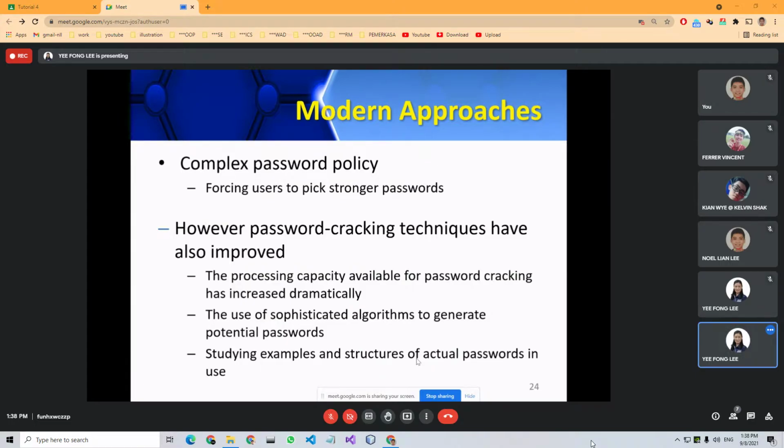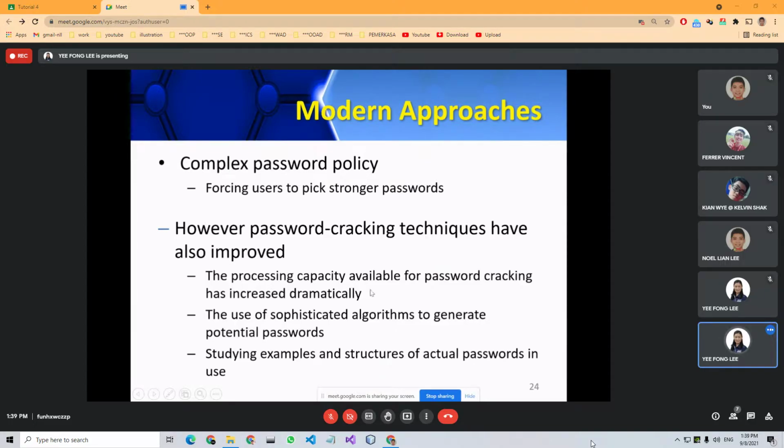But we understand that computer technology nowadays is getting more advanced. Password cracking programs actually work faster and faster.